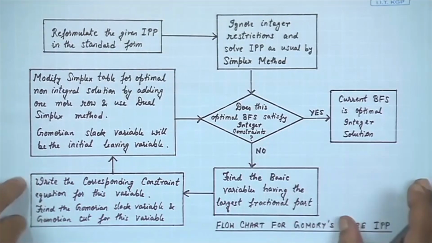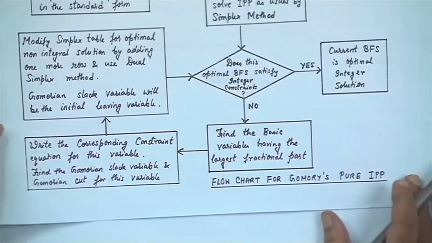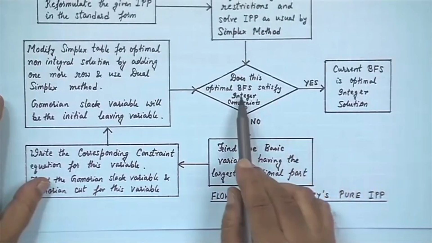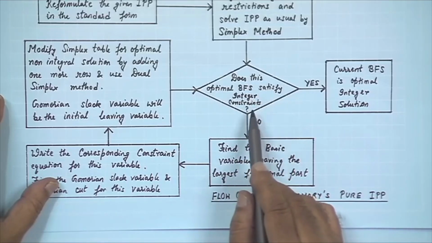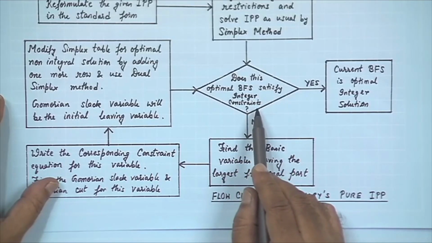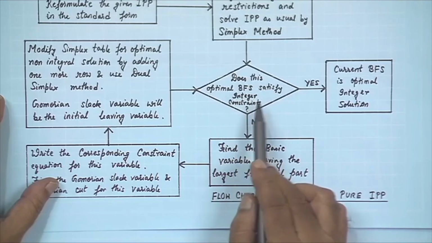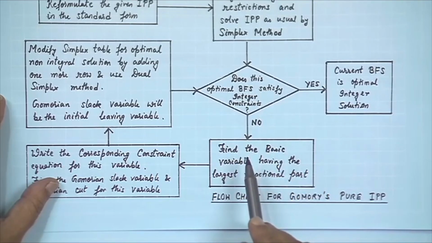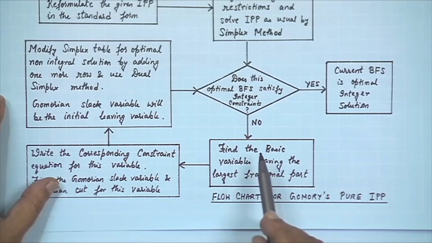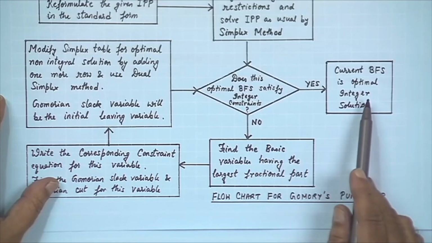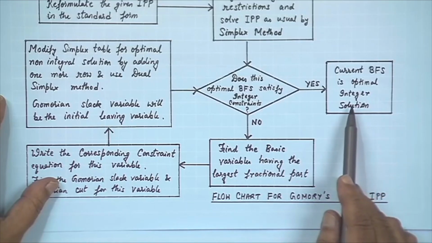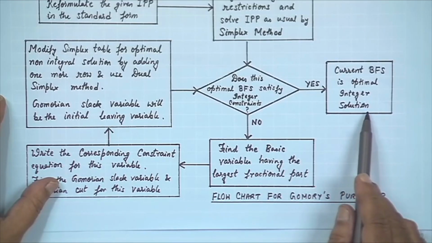Now, the next step is, does this optimal basic feasible solution satisfy the integer condition? So, we are checking after getting the optimal solution whether this BFS satisfies the integer constraint or not. If yes, then the current basic feasible solution is the optimal integer solution and you stop the process.